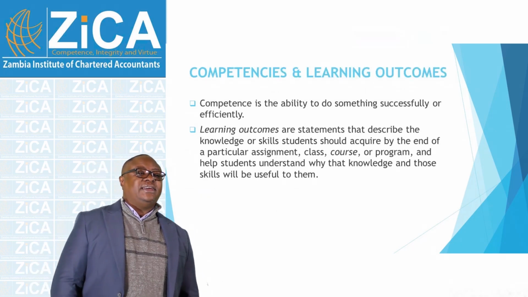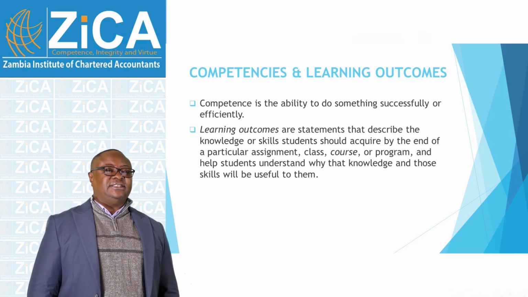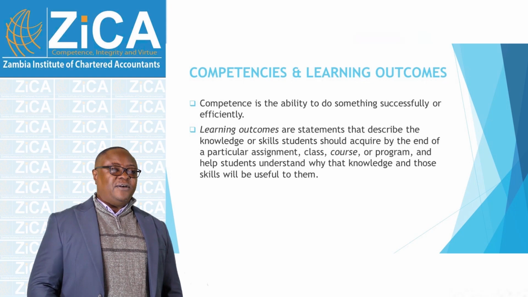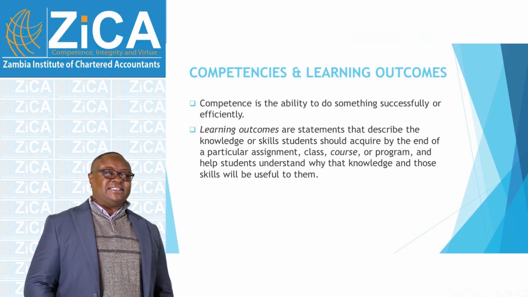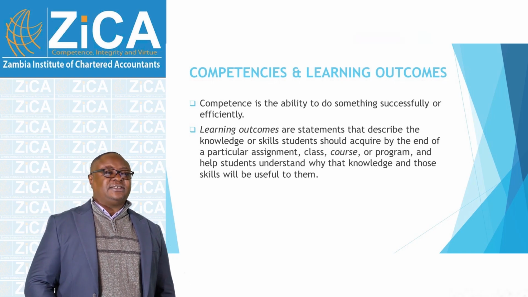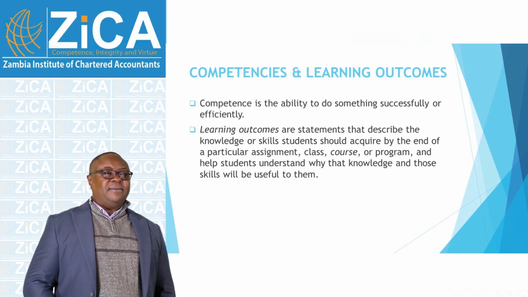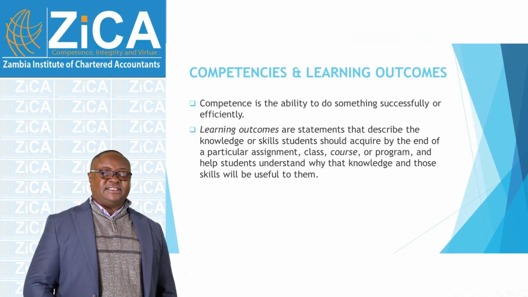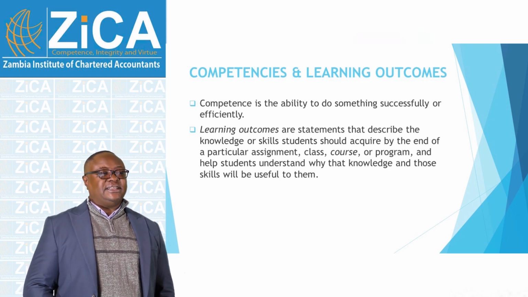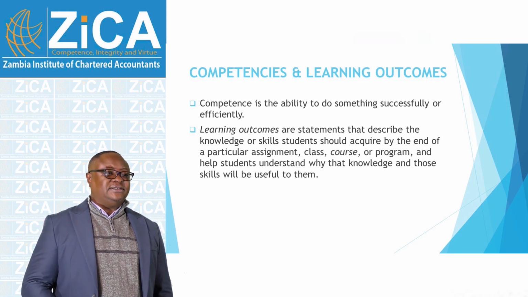So what are the competences and learning outcomes that you expect in this particular course? Before we look at that, let's try to understand what competences and learning outcomes are. Competences are the ability to do something successfully or efficiently. So if there is a certain competence that we are testing on, we want to see your ability to do that particular competence.